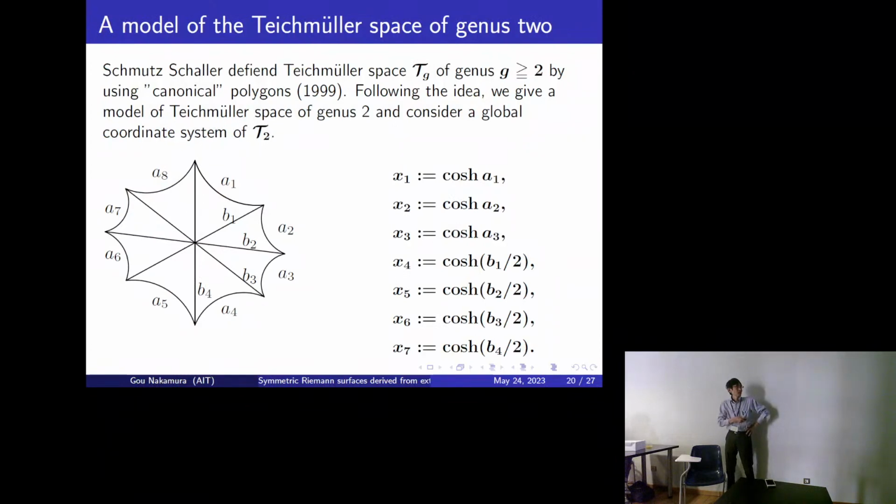This is the compact Riemann surface, and it has a marking from the size of this polygon. The size of the polygon is the curve on the surface. So that's a marking.